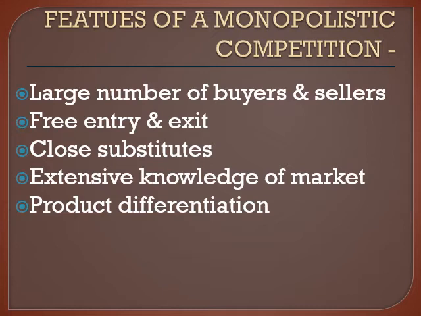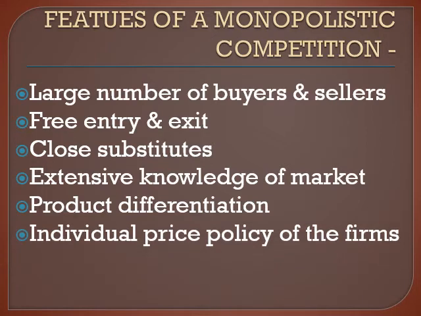The commodity is the same, but the other factors will be different. Product will be different on the basis of the brand name, the packaging, and the color of the commodity. Next is individual price policy of the firms. In a monopolistic competition, every firm offers a product which is different from its substitutes.